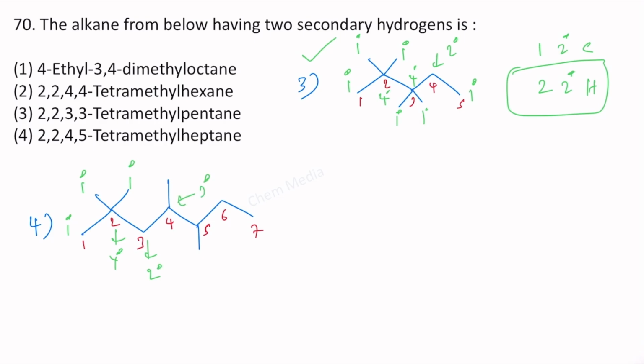This is tertiary. This is primary. This is primary. This one is tertiary. This is secondary and this is primary. We have 2 secondary carbon atoms. That means we have 4 secondary hydrogens. Therefore, option 3 is the correct choice here.